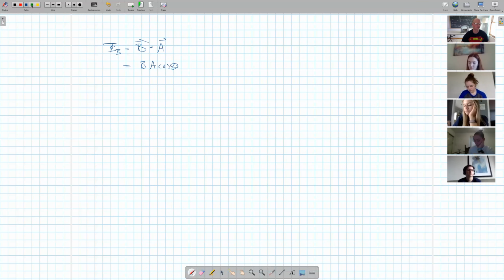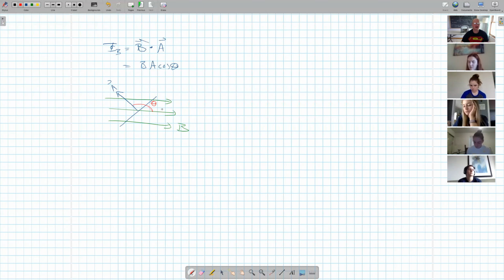So here, this means we have a magnetic field pointing in some direction. This is my magnetic field. We have some area here, so let me draw that in blue. Here is my area, where again we describe an area by a vector which points perpendicular to the surface of that area. This would be my area vector, A. The angle theta is the angle between the area vector and the magnetic field.